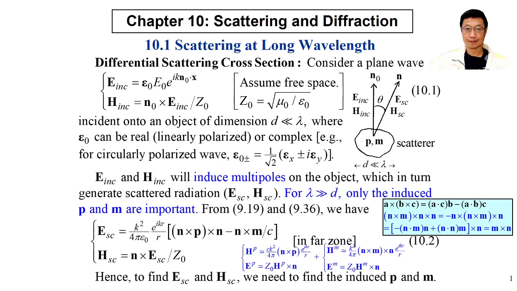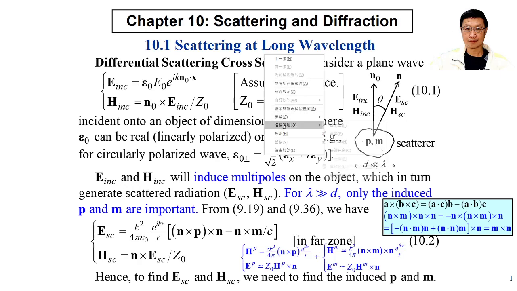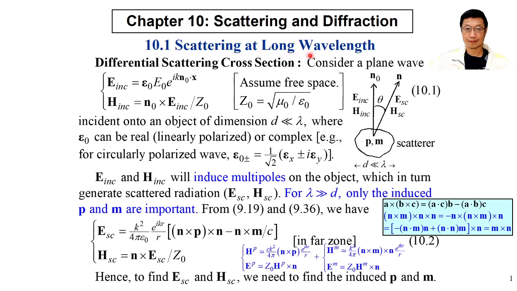Okay? And we will consider the scattering under long wavelength conditions. Long wavelengths, very long. That is, lambda is greater than the dimension of the object. What is the long wavelength? With long wavelengths, the lambda will induce an electric dipole and a magnetic dipole.